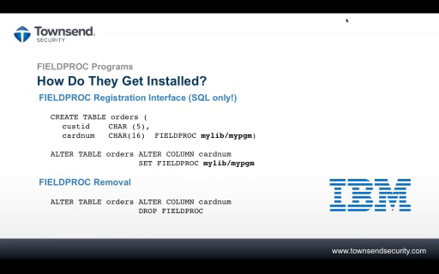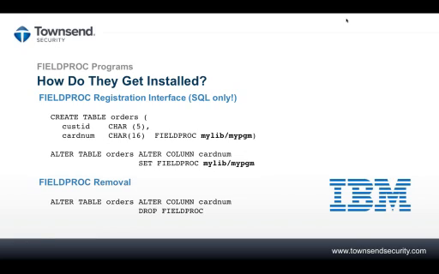If you have an existing table, and this can actually be a file created with DDS, you can alter that table and set the FIELDPROC program on that column level. Again, it's a column level call, and this will change the attributes.